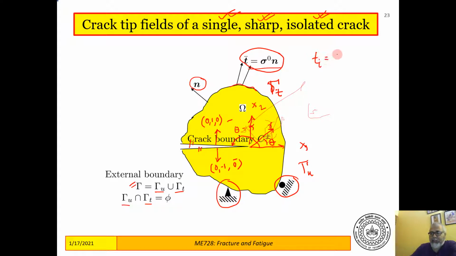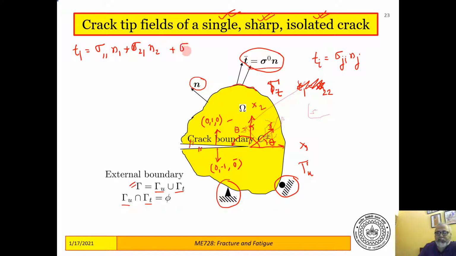Apply Ti equal to sigma ji nj, and you will find that T1 is sigma 1, 1 n1 plus sigma 2, 1 n2 plus sigma 3, 1 n3, out of which n1 and n3 are 0 on the upper surface, and n2 is 1.